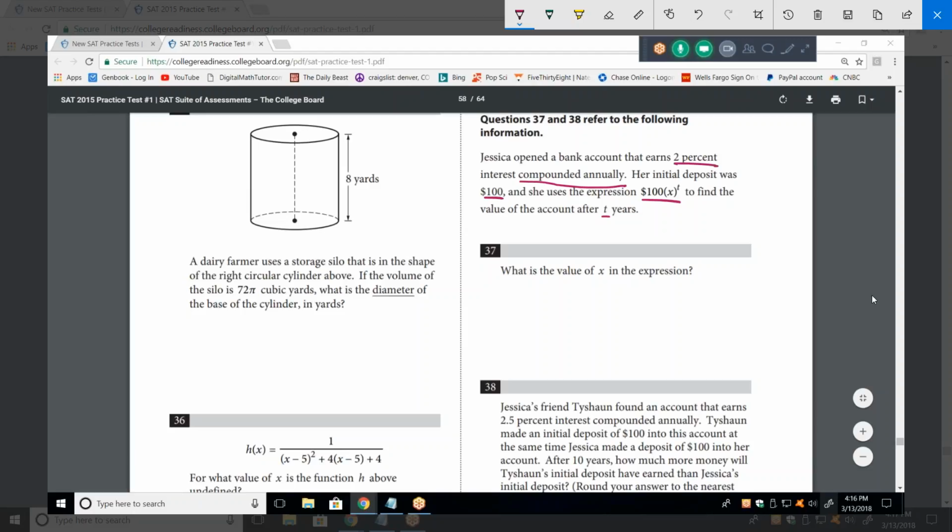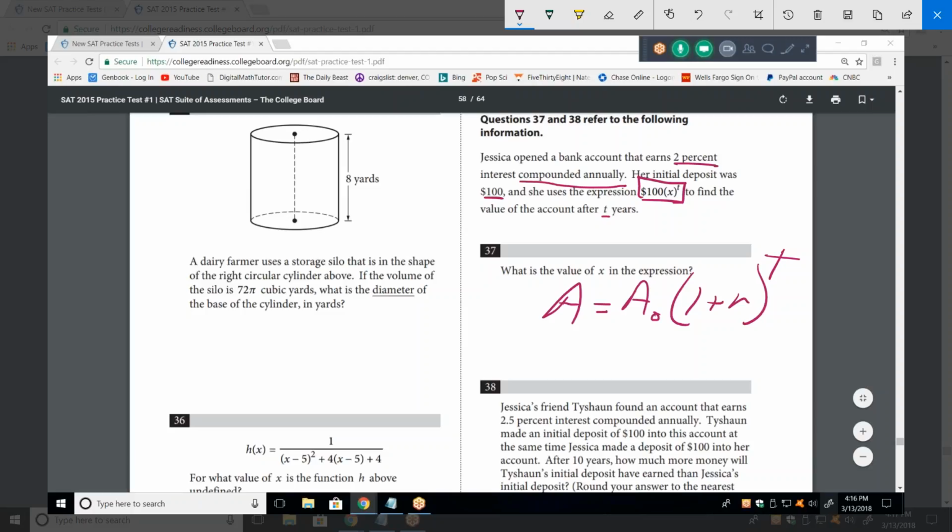But the simplest formula is this one for compounding it annually, which is what they want. Does that look familiar? Okay. That's the formula we want to use. And this is it right here.